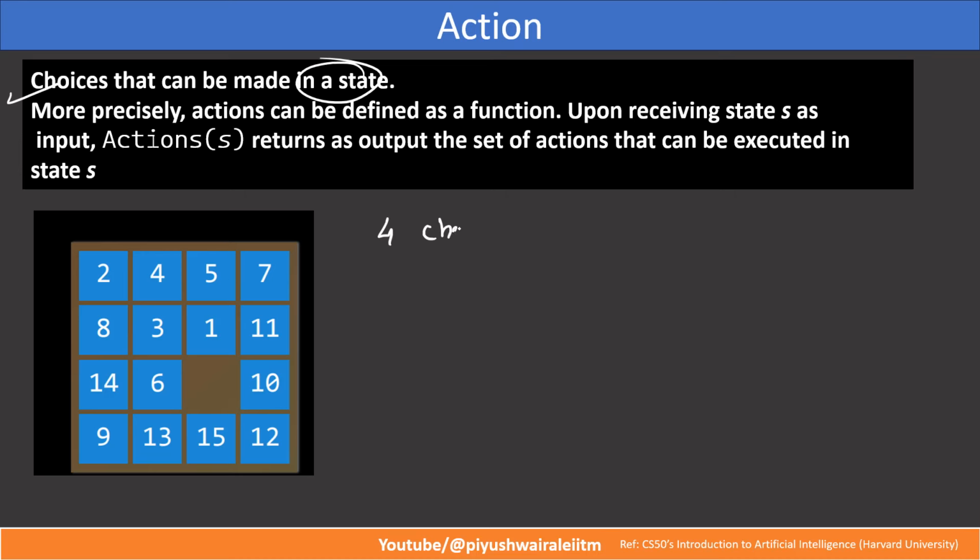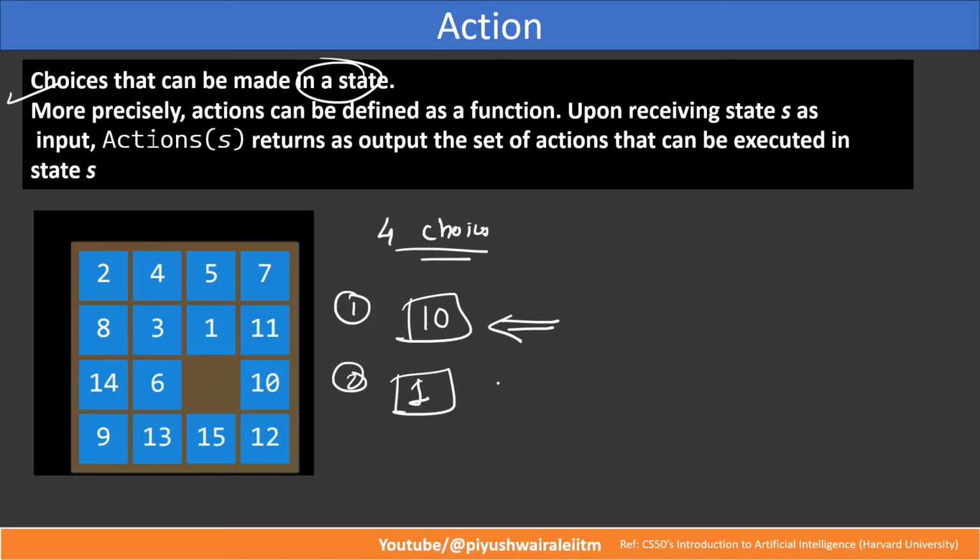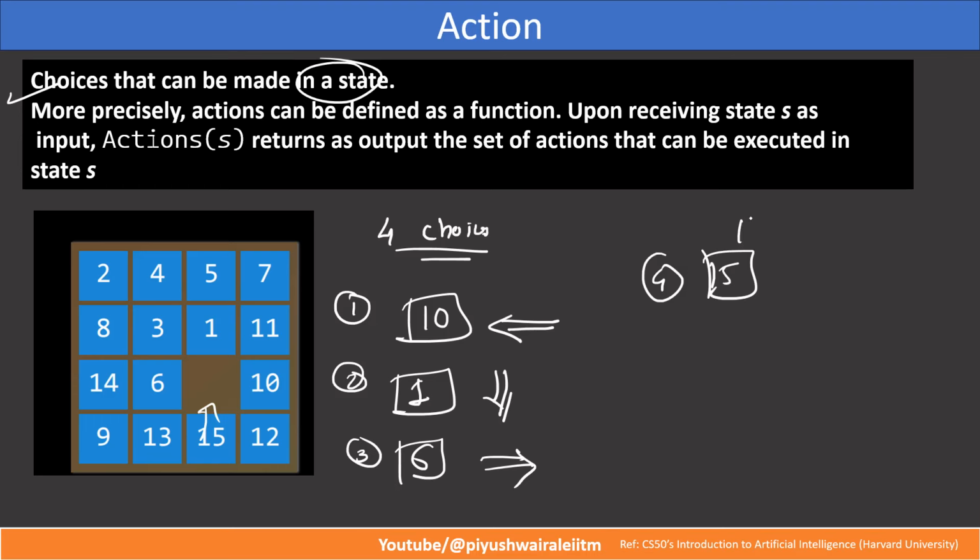First, it can move this 10 tile to the left, or move one tile down, or move this 6 block to the right, or move this 15 upward. So there are four possible actions that the AI can take.